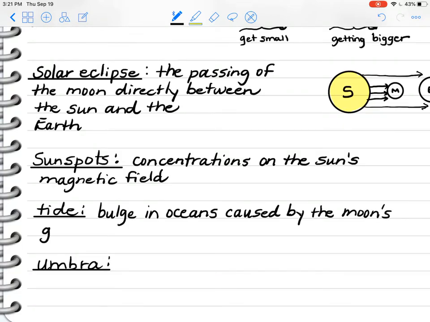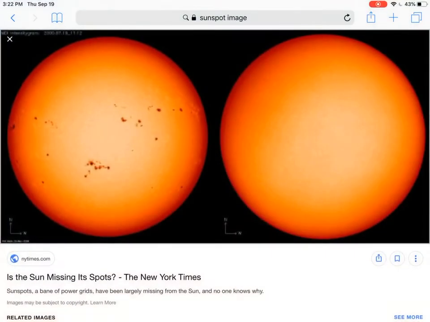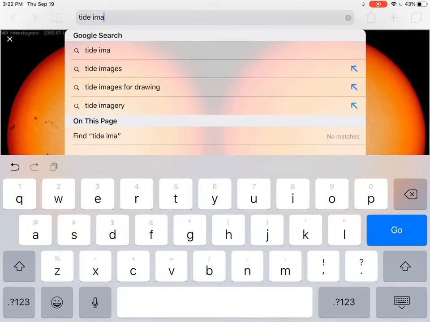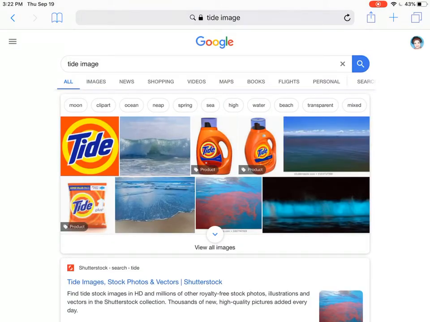So the moon controls the tide, and Earth's rotation also factors into the tide. So let me see if I can find a picture of tide. You've heard of high tide and low tide. That is due to the gravitational pull.